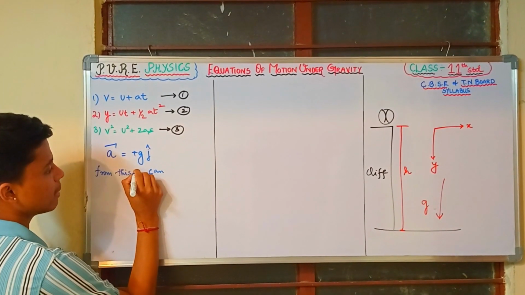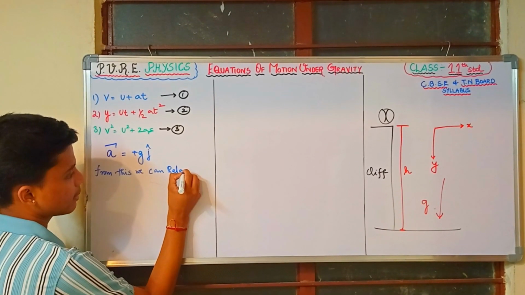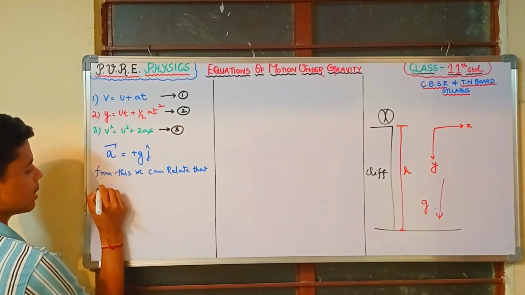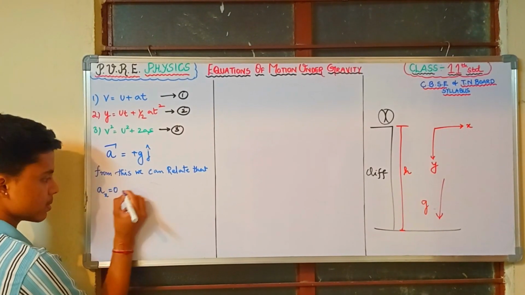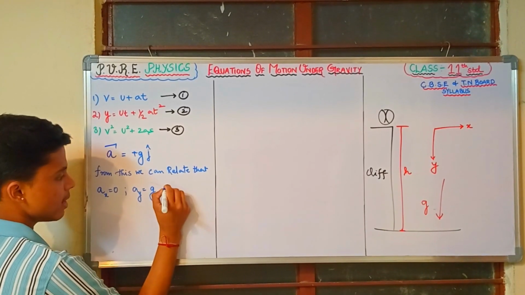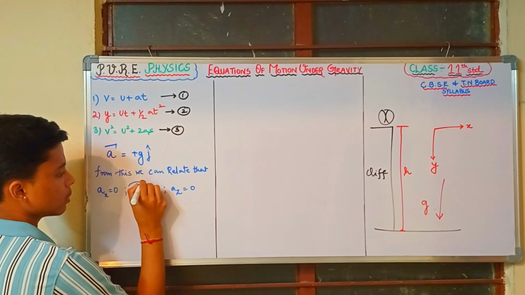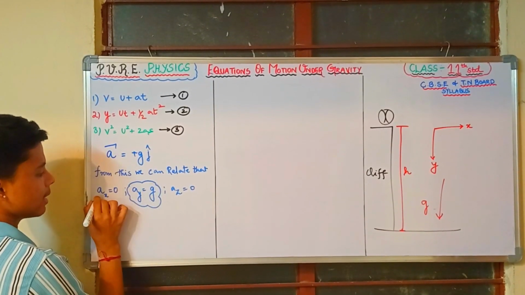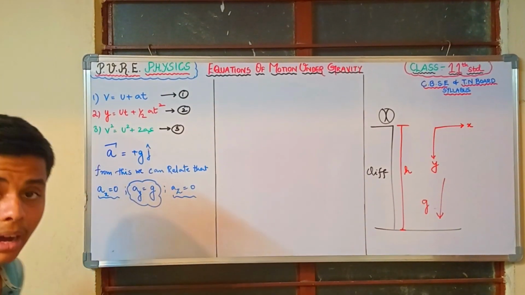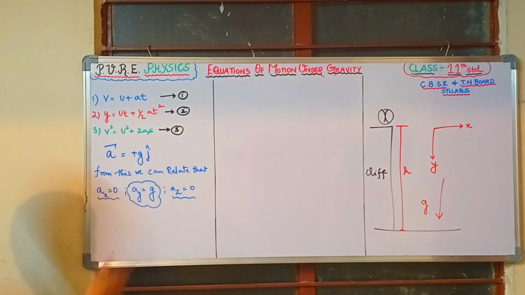We need to write, from this we can relate that acceleration in the x component is equal to 0, acceleration in the y component is equal to plus g, and acceleration in the z component is equal to 0. These are the three conditions that are necessary in this derivation, and the second condition is the most important, which we will use in all three equations.